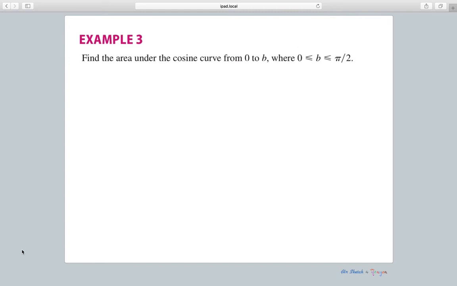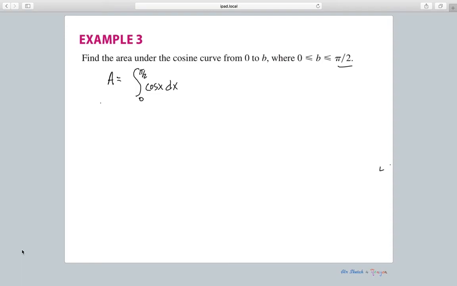Find the area under the cosine curve from 0 to b, where b is between 0 and pi over 2. All right, so another one where we're setting up our own integrals. And our upper limit is just going to be pi over 2, the largest value of b. All right, so this is a trig one.